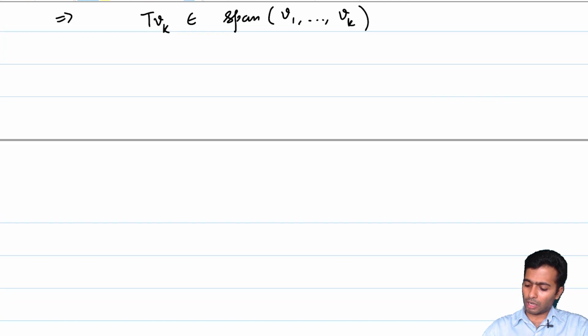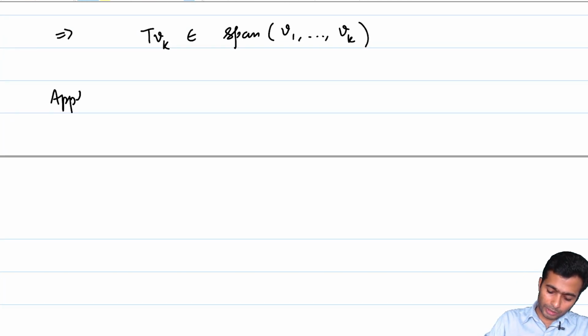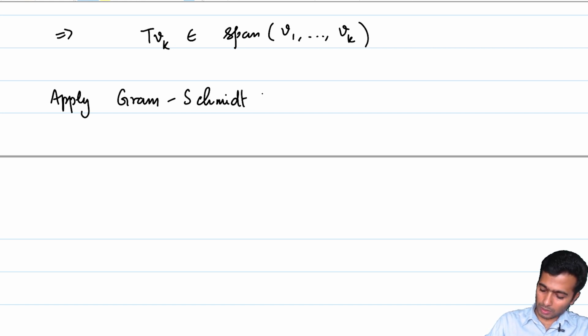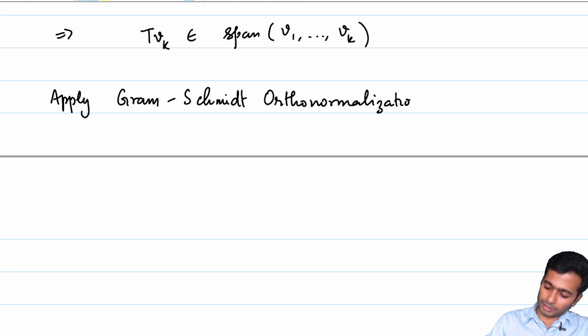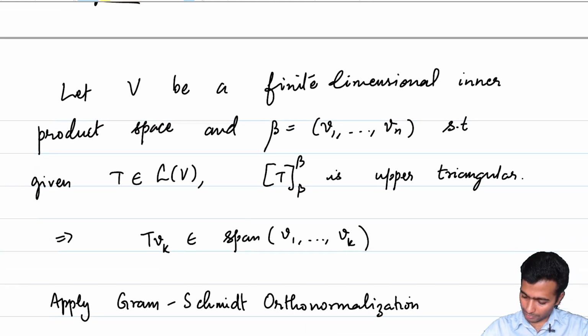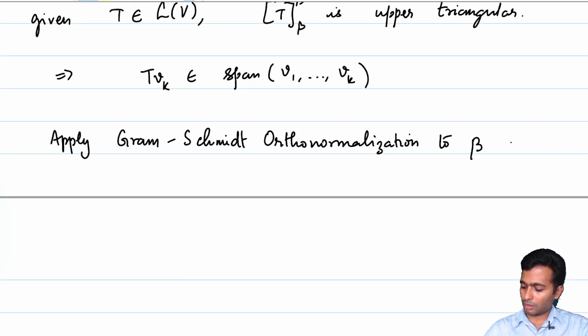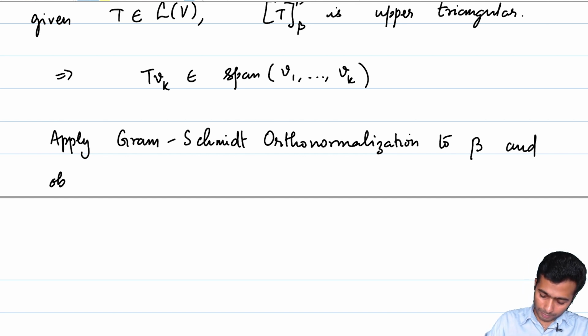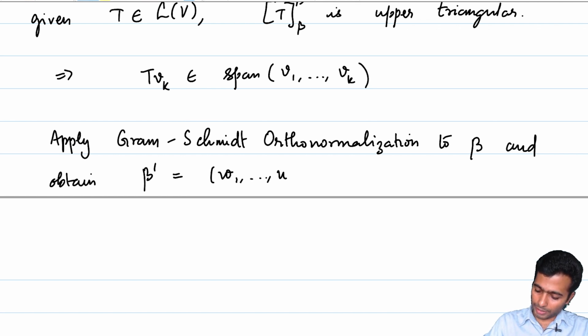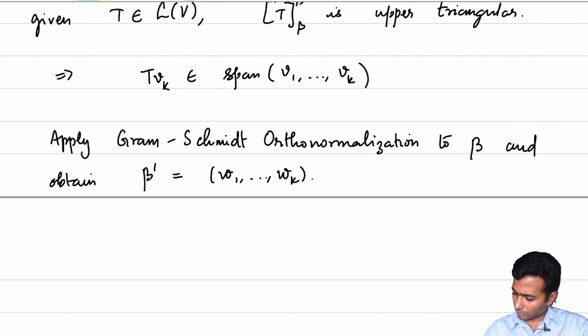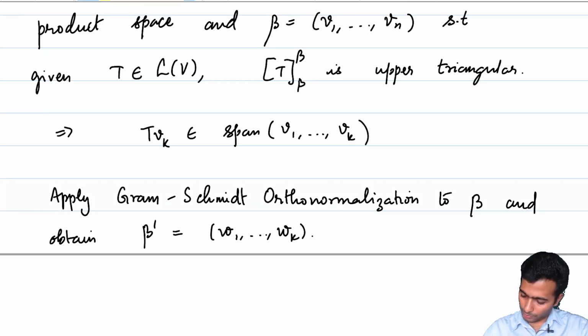Now let's apply Gram-Schmidt orthonormalization to the basis beta and obtain, say, beta prime, which is equal to W1 to Wn.